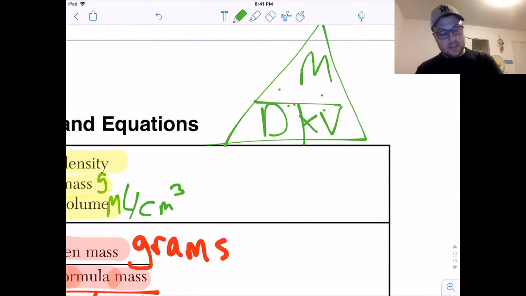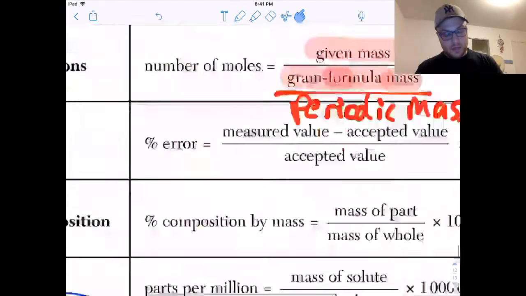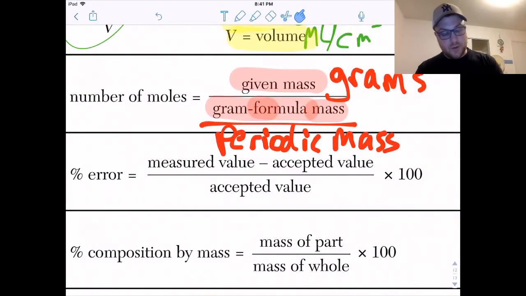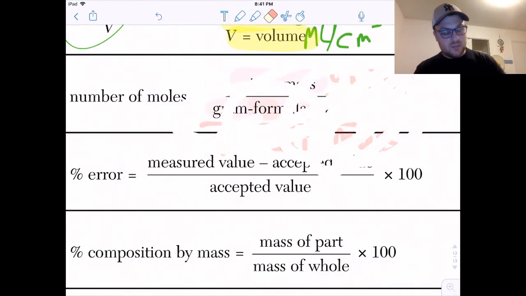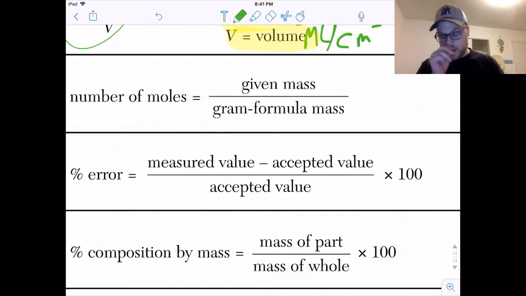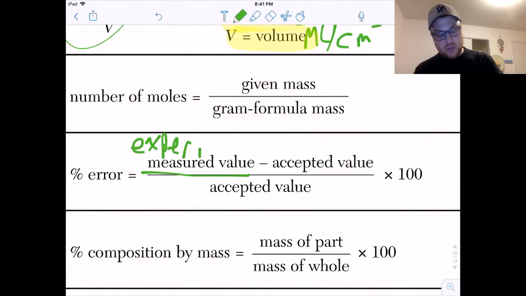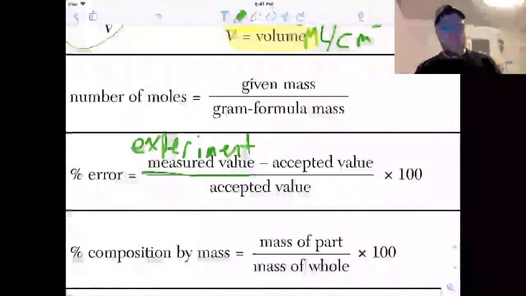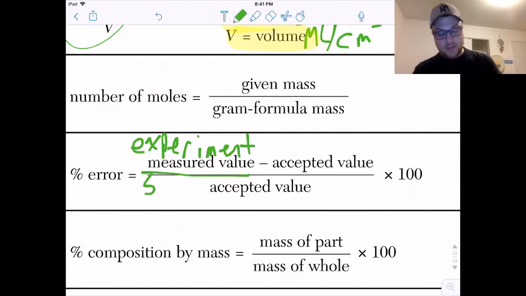What is your percent error? 5 minus 3 divided by 3 times 100. Students just get lost in the wording. It's not a hard equation, but keep in mind, what did you calculate? That's measured. What is the actual value? That's accepted. So if you calculated the density of water to be 0.8, and you know the density of water is actually 1, you do 0.8 minus 1 divided by 1 times 100.